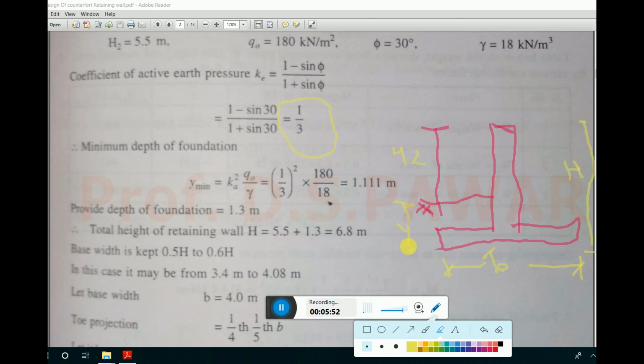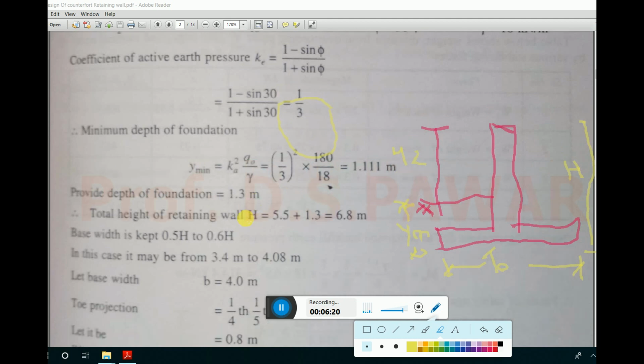We calculate ym by using the formula: K active earth pressure square into q0 divided by gamma, where q0 is the SBC of soil and gamma is the unit weight of soil. If you put the values, we get a minimum of 1.11 meter. We have to round up this value and provide the depth of footing as 1.3.